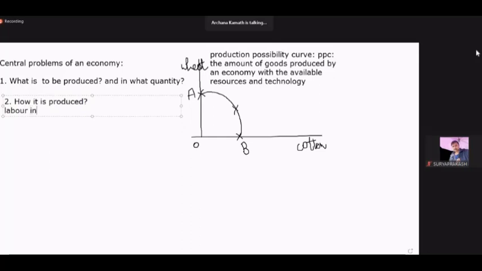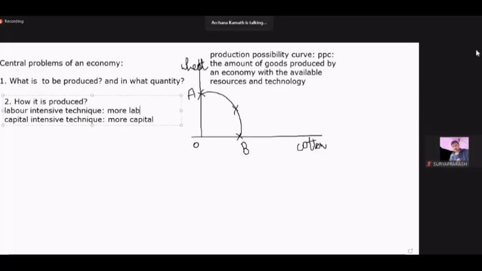The first is the labor-intensive technique of production, where more labor and less capital is used. Second one is the capital-intensive technique, where you are using more capital and less labor.